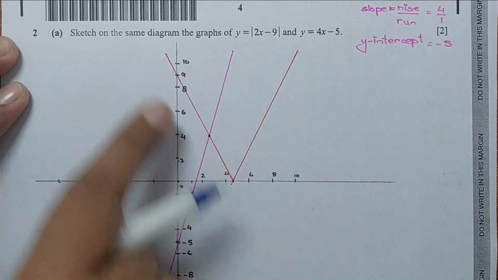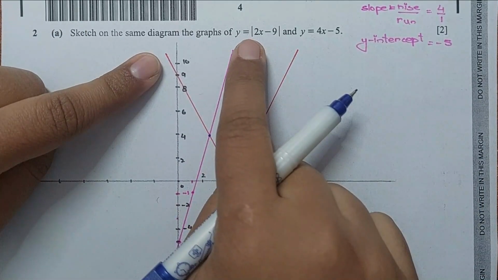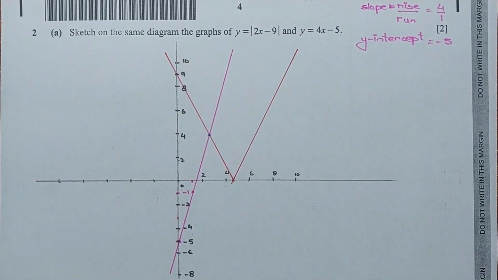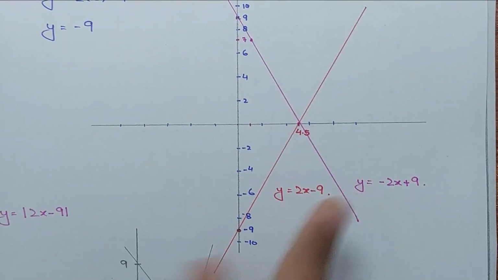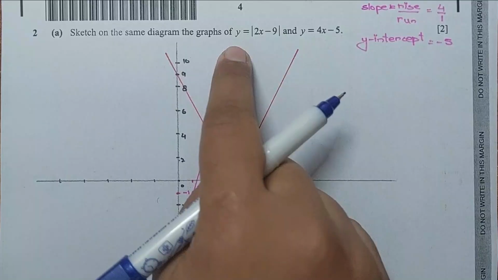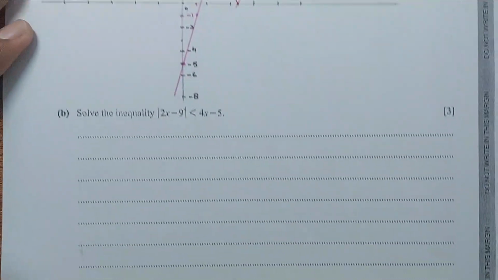And what is their point of intersection? When the negative of this absolute value, which means minus 2x plus 9, as we have done, so this line is basically for minus 2x plus 9, right? So when the negative of this absolute value intersects with the linear function, you will get the point of intersection, right?